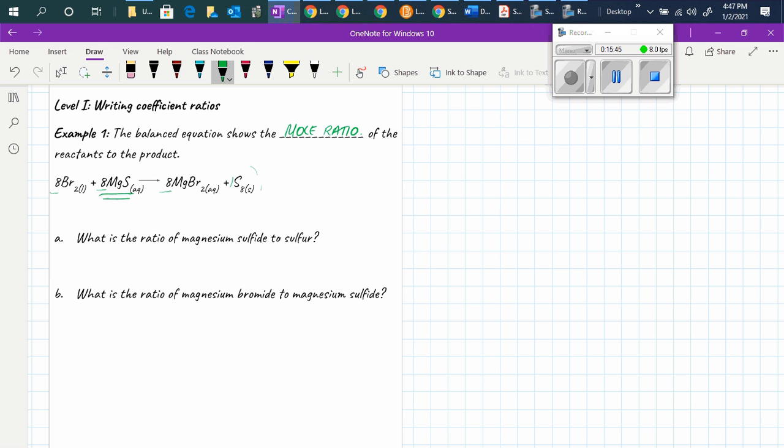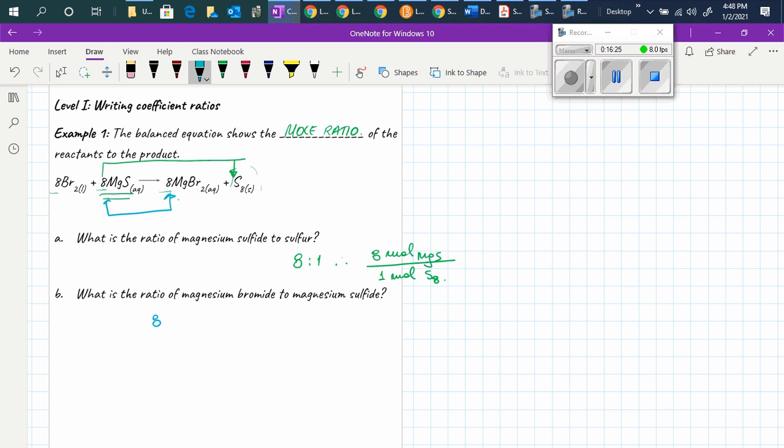In other words, it's saying that it needs 8 moles, or 8 molecules, 8 parts of boron to react in order to produce, in this particular reaction, 1 molecule or 1 part of the sulfur gas. Now, when we are asking what is the ratio of magnesium sulfate and sulfur, we see 8 and 1. So it is 8 to 1, meaning it needs 8 moles of magnesium sulfate to produce 1 mole of sulfur gas. And what is the ratio of magnesium boron and magnesium sulfate?